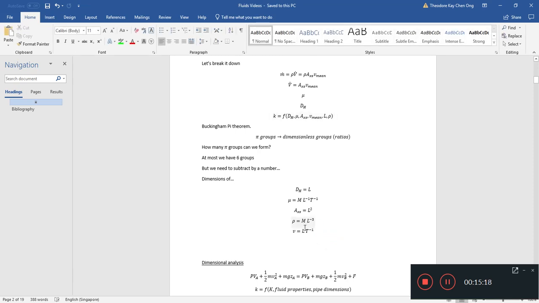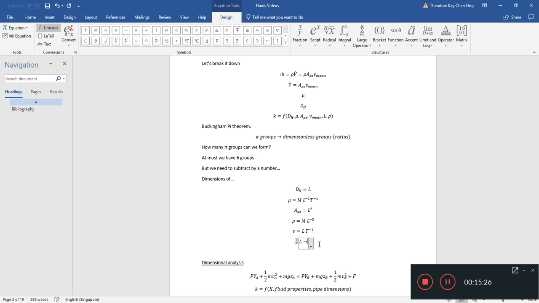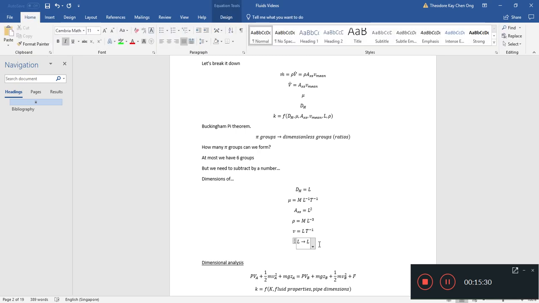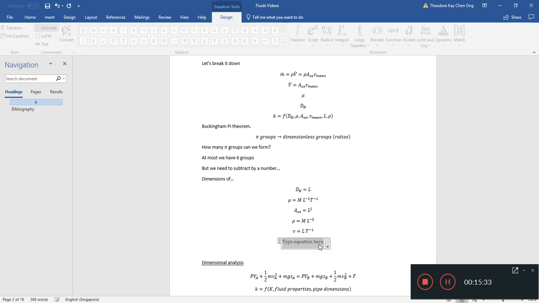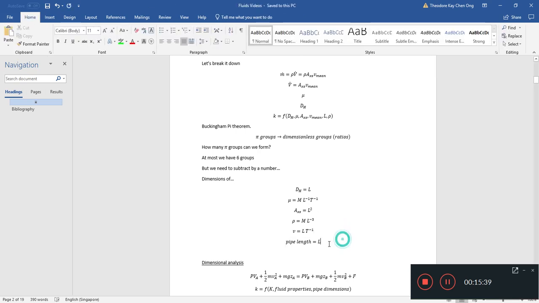And the rho is at the back, and again you see length here. Pipe length here is of course a length. So instead of saying L equals L, I'm just going to say pipe length. The units are in length terms.